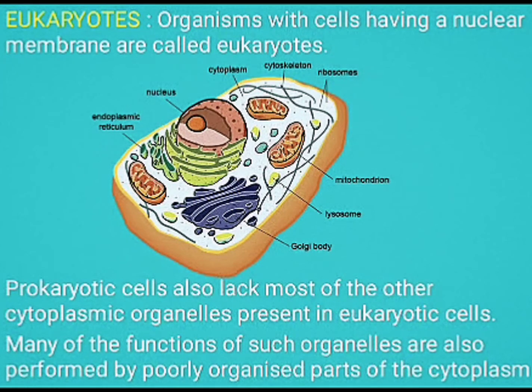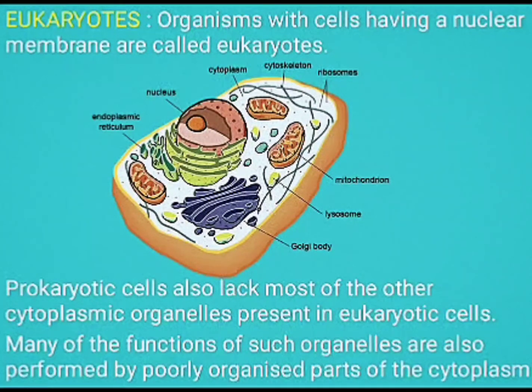Similarly, organisms with cells having a nuclear membrane are called eukaryotes. In such organisms, the nucleus is covered with a double-layered nuclear membrane, due to which the shape of the nucleus is round. Hence, we can say such organisms are called eukaryotes and their cell is called a eukaryotic cell.